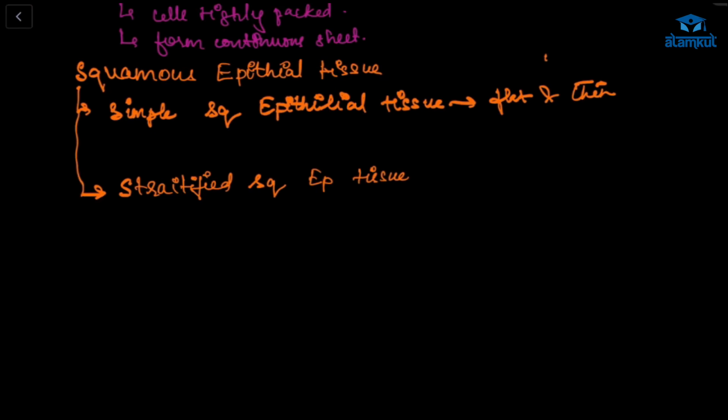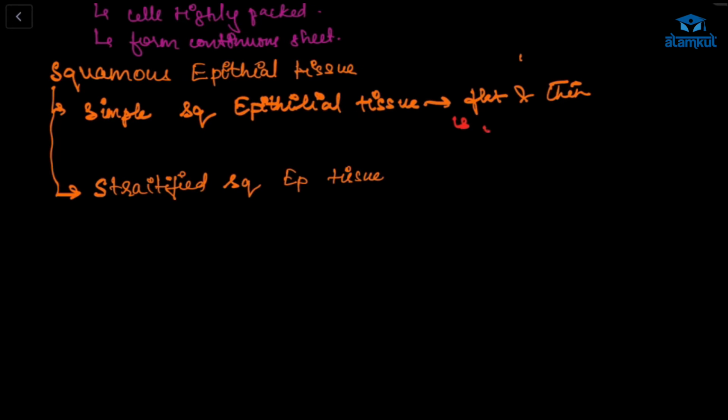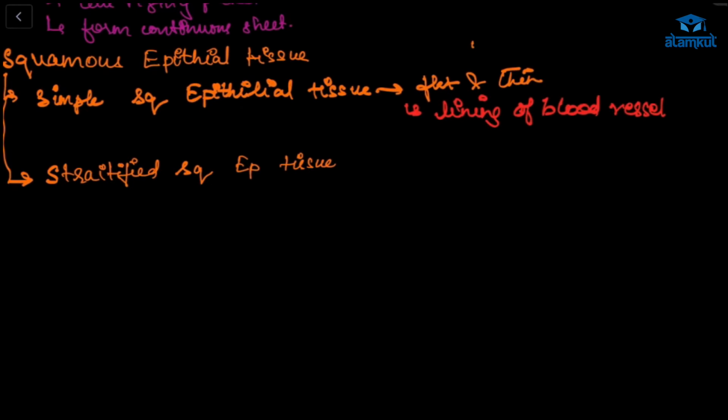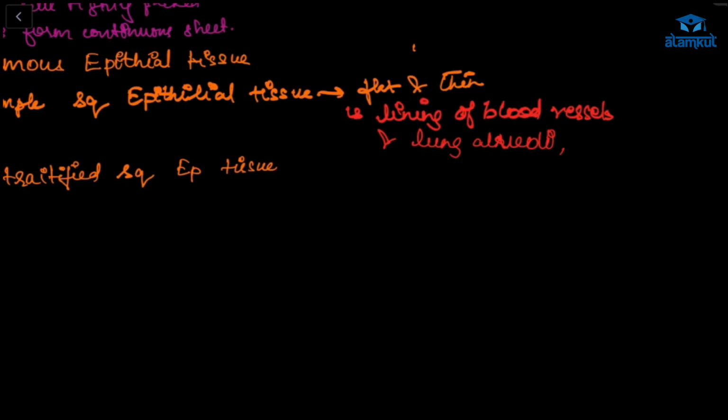Where do they occur? They occur in the lining of blood vessels, which are blood containers, and in lung alveoli where gaseous exchange happens, and they cover the esophagus.